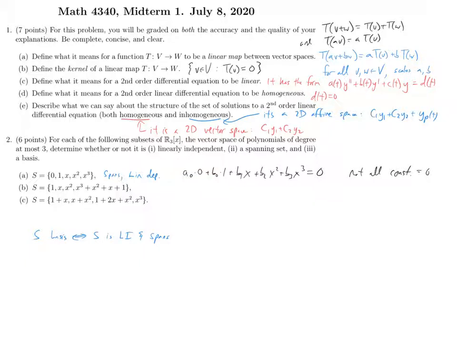And you can see how to do that. a0 can be anything. So for example, if this is equal to 1 and all of these are 0, then that's how you do it. But you don't need to show this, I'm just explaining why it's linearly dependent.